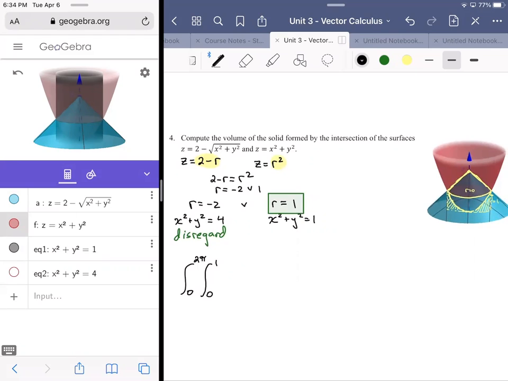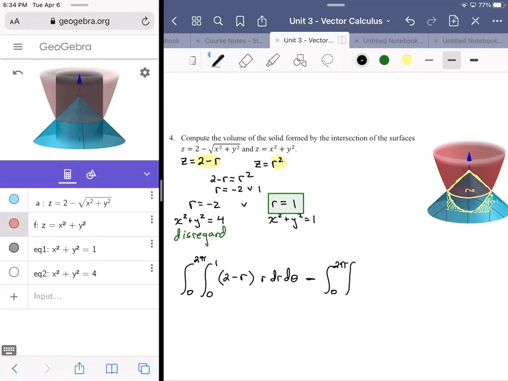So 2 minus r, r dr d theta. That'll give you everything between the surface of the cone and the xy plane, and then minus, same bounds.